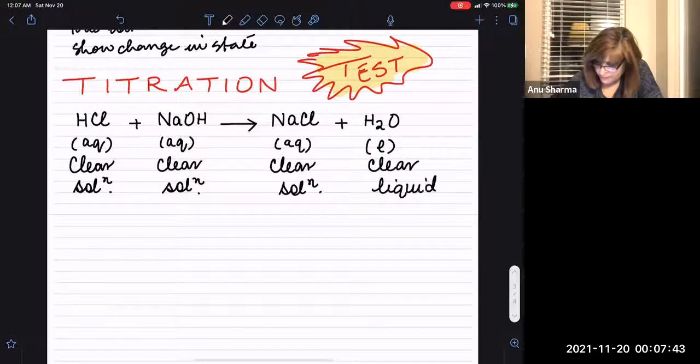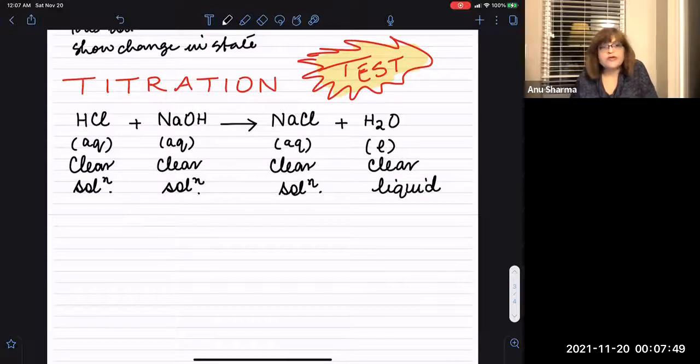So here is a problem. How do we know that the actual reaction has occurred? If all of them are going to be clear, there's no way for us to know that the final product is formed, or all of the HCl has been used up, or all of the NaOH has been used up.